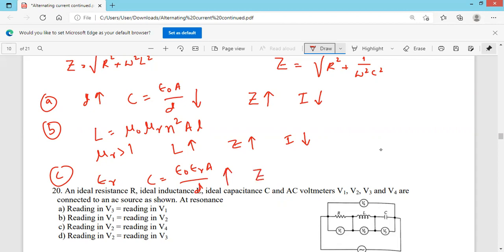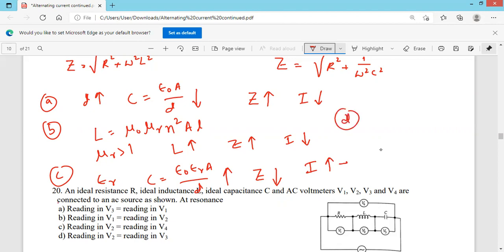Capacitance increases means impedance decreases. More the value of denominator, less the value of the whole thing. Therefore, impedance decreases, current increases.